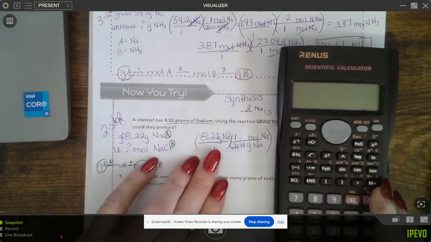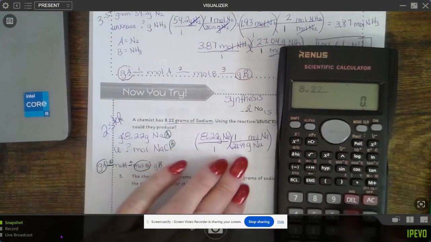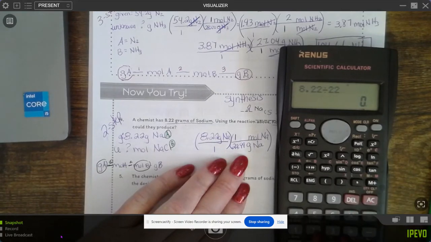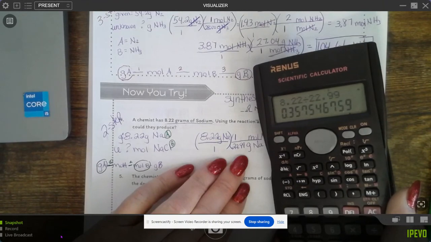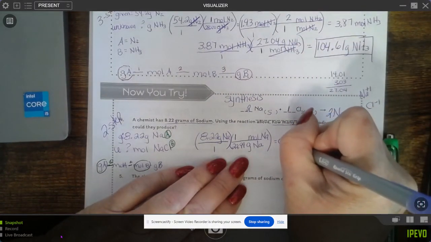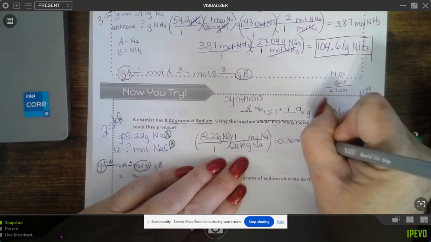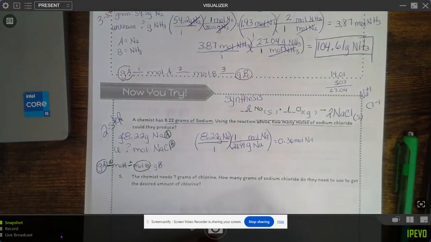So I'm going to do 8.22 divided by 22.99, and I get 0.35. I'm going to round that to 0.36 moles of sodium.